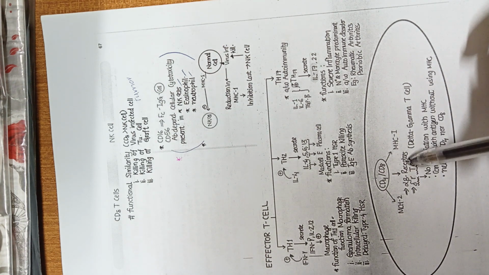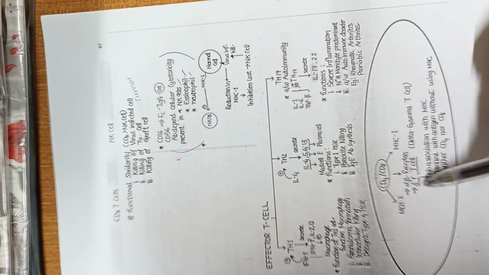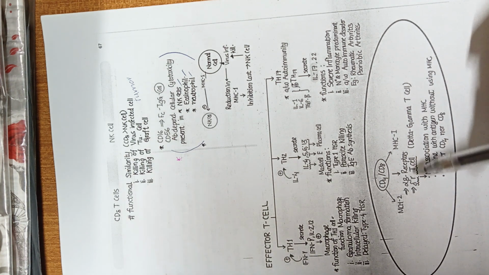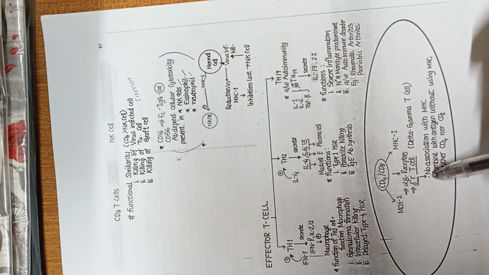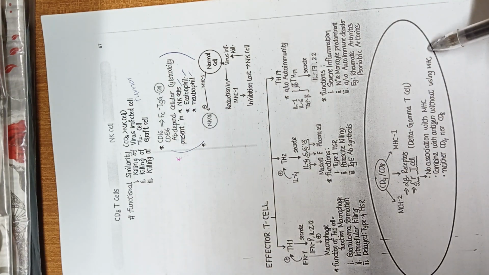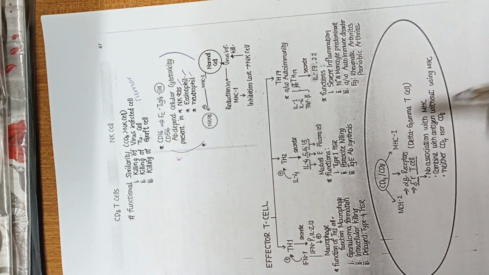Instead, alpha beta receptors are absent, and these kind of cells are called what? Gamma delta T cell. Gamma delta T cell has no association with MHC, and they can combine with antigen without using MHC. So no need of CD4 or CD8.